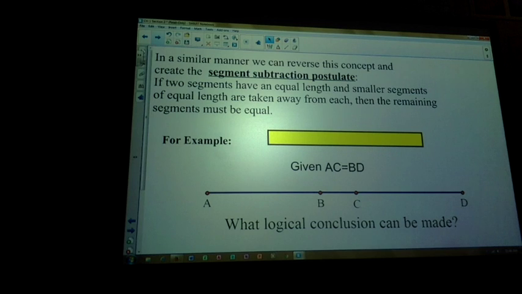So if I have something that is the length of my fingers, and something else that's the same length, and I take away a shorter piece from each one of them, then the new segments on each one would be equal. It's like in algebra, if you have x plus 7 equals 10, if you subtract 7 from both sides, they're still equal. So that's where your postulate comes from.